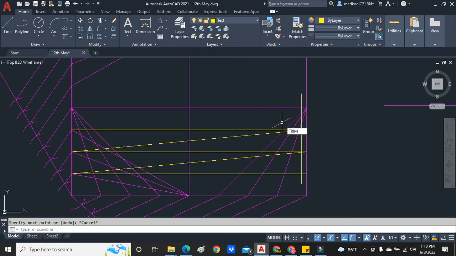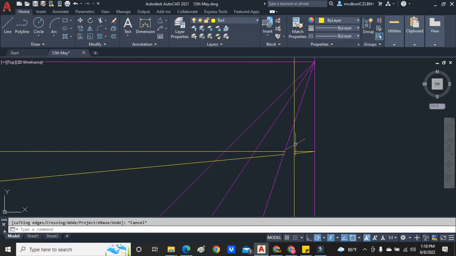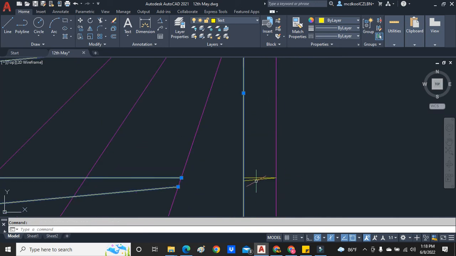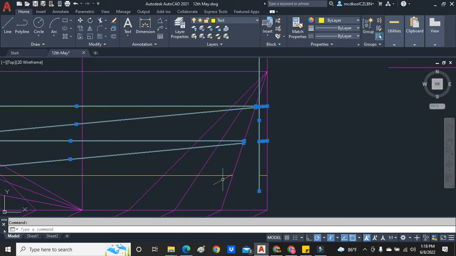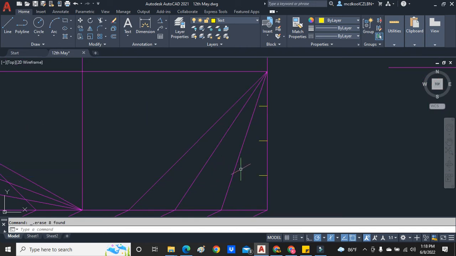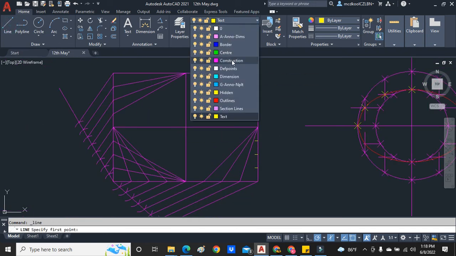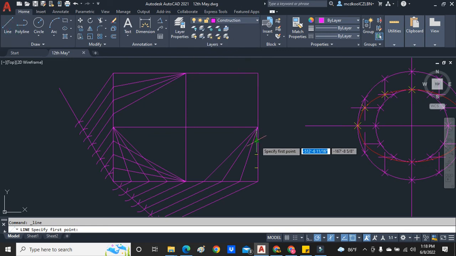All right, so I'm just going to trim it. And I will just use these to finish off this plot here at the bottom.